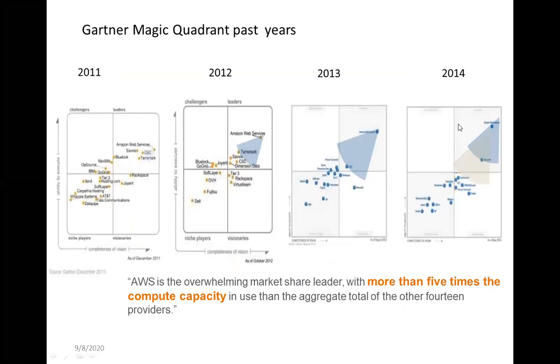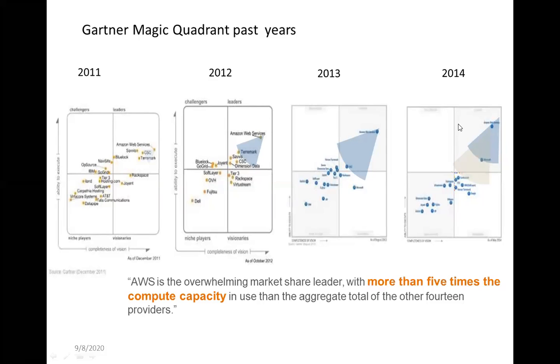This is the Gartner Magic Quadrant from the past years that is shown here. Gartner is a research firm that shows the basic trends of various fields in computer science as well as other fields that are growing, and Gartner predicts the future trends of a particular kind of interest of the public, people, researchers, or organizations.